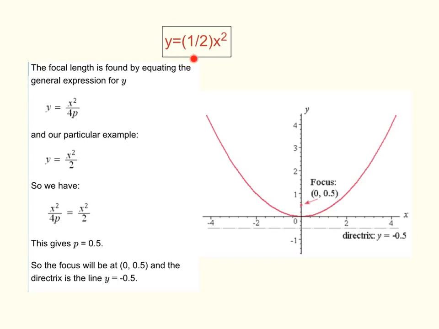So if you have the equation y equals 1/2 x squared, that's y equals x squared over 4p, and it's also equal to x squared over 2, so you set them equal. 1/2 equals 1 over 4p, and this gives you p equals 0.5. And so we come up here, go to 0.5, put our focus, and our directrix will be y equals negative 0.5. And there's the directrix right there.